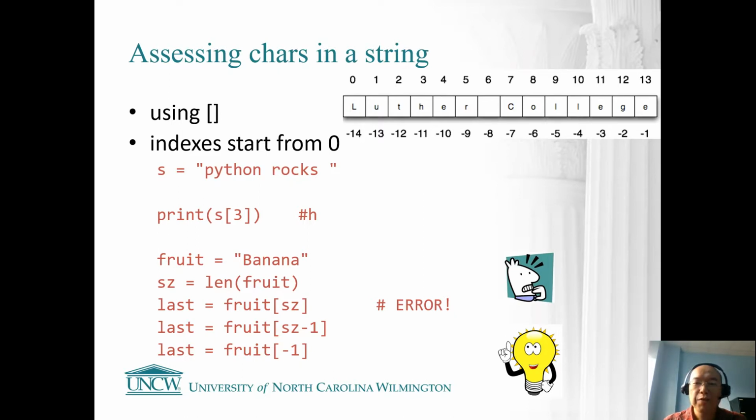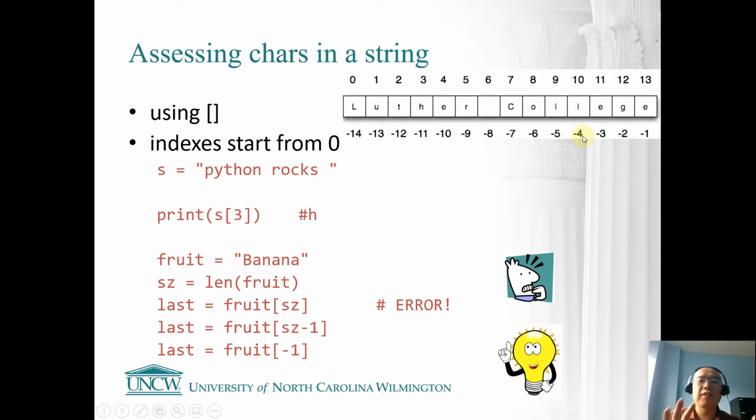And if you want a shorter or handier way, you can do just minus 1. Okay? Negative indexes are also supported in Python, and the trick is when you are doing 0 or positive indexes, we count from the beginning, the left side. So for this one, index 0, index 1, index 2, index 3, right? But if you're doing negative indexes, we count from the right side. So negative 1, negative 2, negative 3, negative 4.